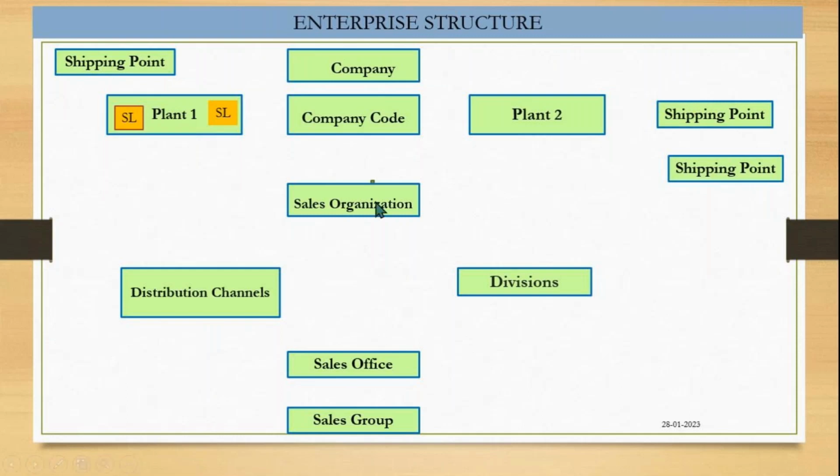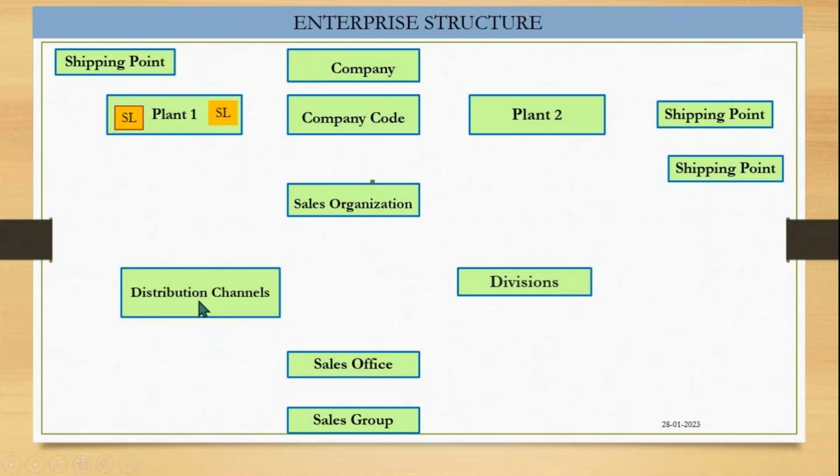Okay, after the sales organization is created, we need to have distribution channels. What does distribution channel mean? We have produced a material, and the material finally needs to reach the customer. For that, a communication channel, a medium of communication, is needed: how the material reaches from the company to the customer.